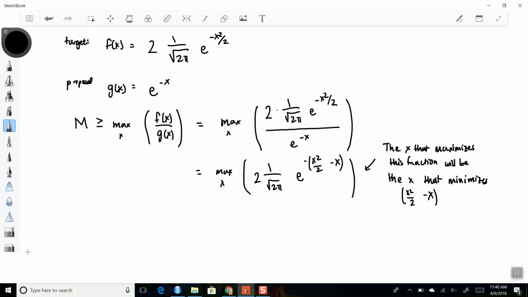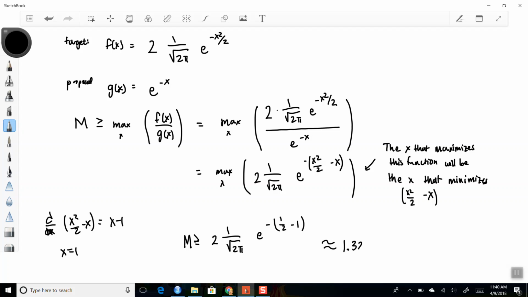Okay, and then that's easy. We just take the derivative d dx of x squared over 2 minus x, and I get x minus 1, and so x is equal to 1. That will be the value, and I plug that in. And so m is going to be greater than or equal to 2 times 1 over root 2 pi e to the negative 1/2 minus 1, and that will give us something around 1.32. Okay.